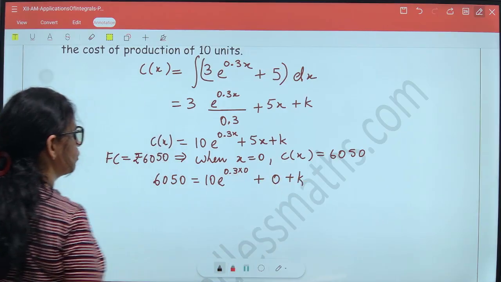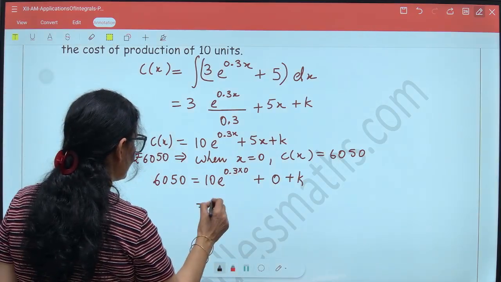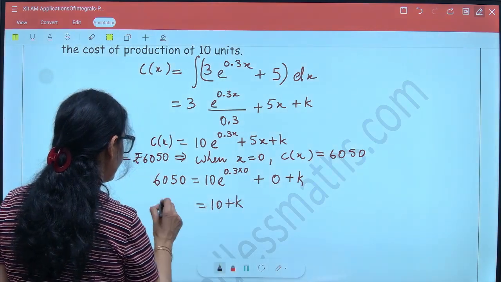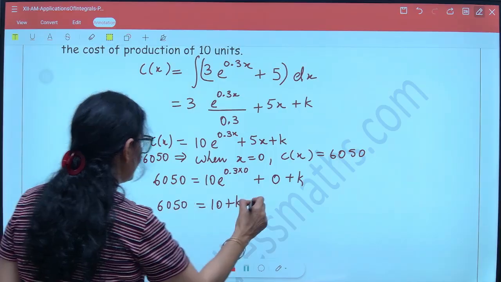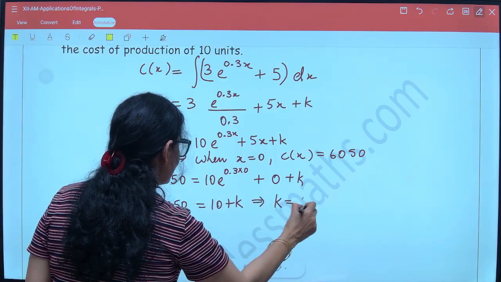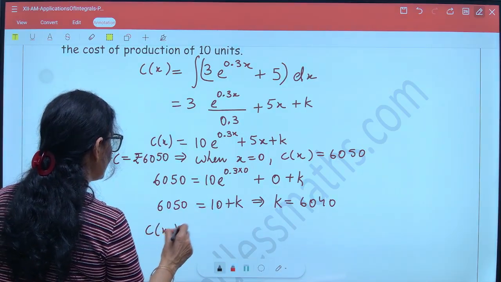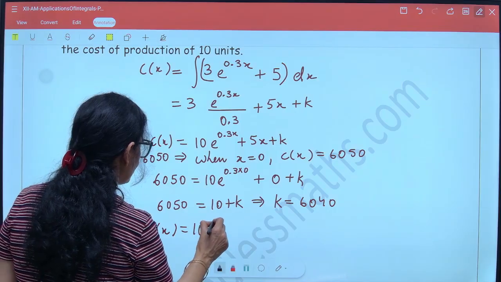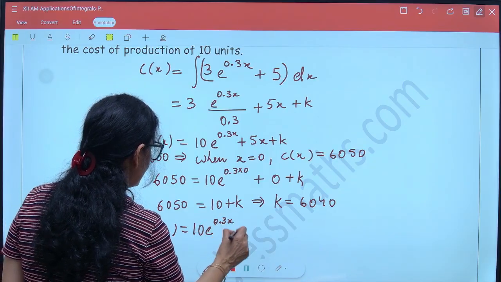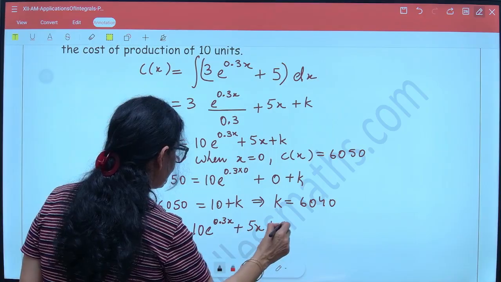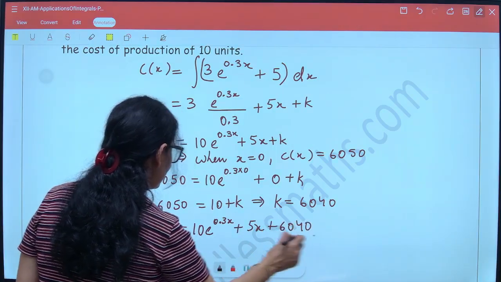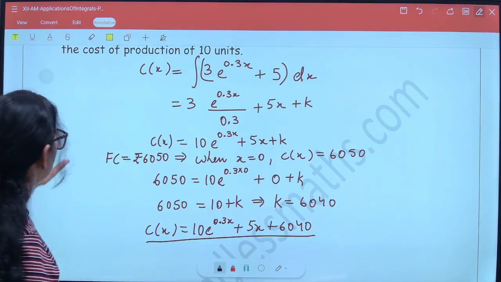E raised to power 0 becomes 1. So that means this is 10 plus k, and this gives the value of k as 6040. So this means that the total cost function is 10 e raised to power 0.3x plus 5x plus 6040. So this is the final total cost function.